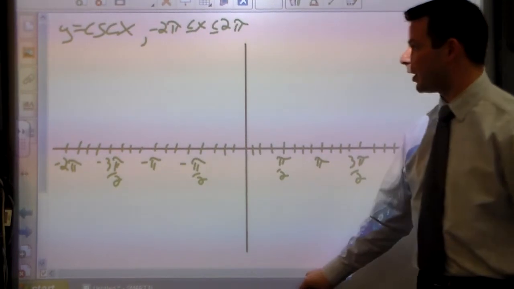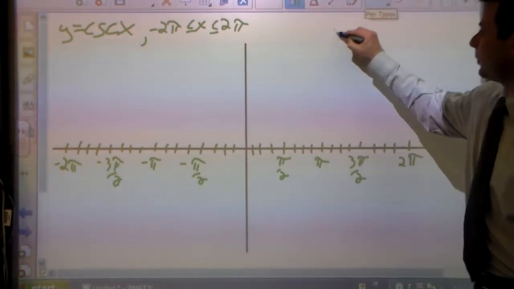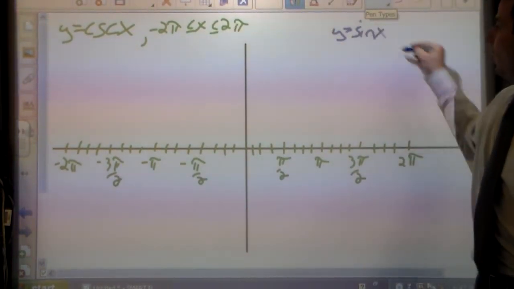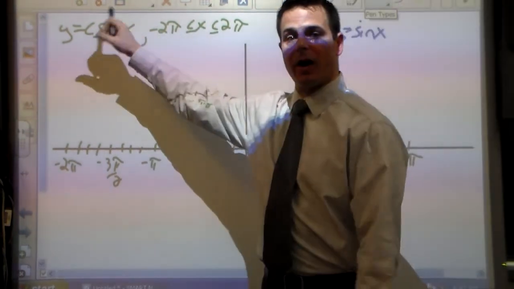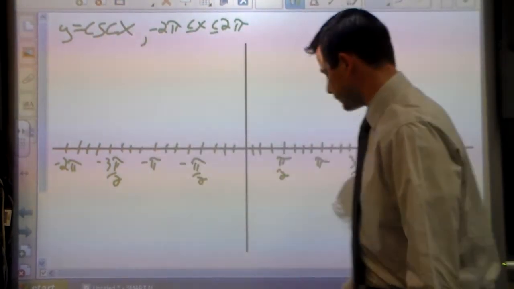Okay, so I have my axis set up. I'm going to graph y equals sine x, which does nothing other than help me find the values for cosecant.